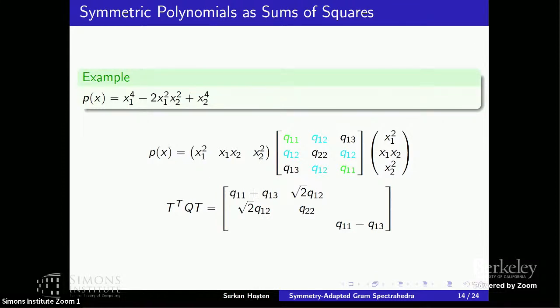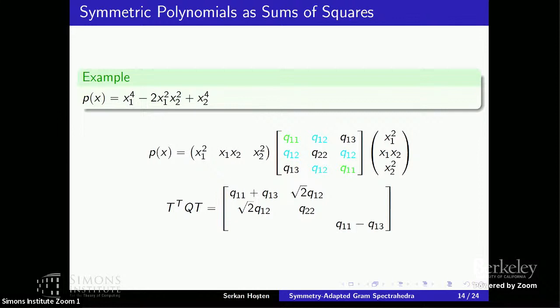So I can pick Q from the fixed point subspace, and it says there are two variables, so S2 is acting. A matrix Q is going to be in the fixed point subspace if it's symmetric along the normal diagonal, but also it has to be symmetric along the anti-diagonal.